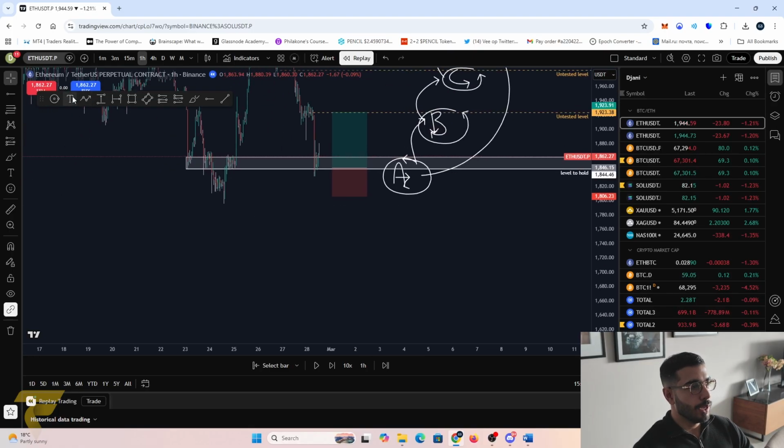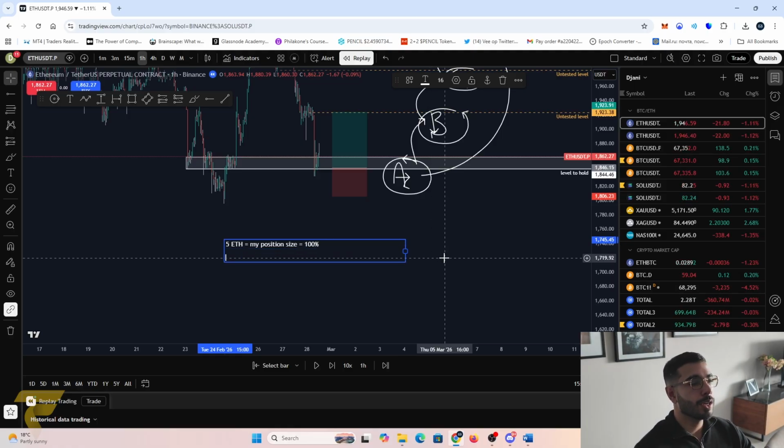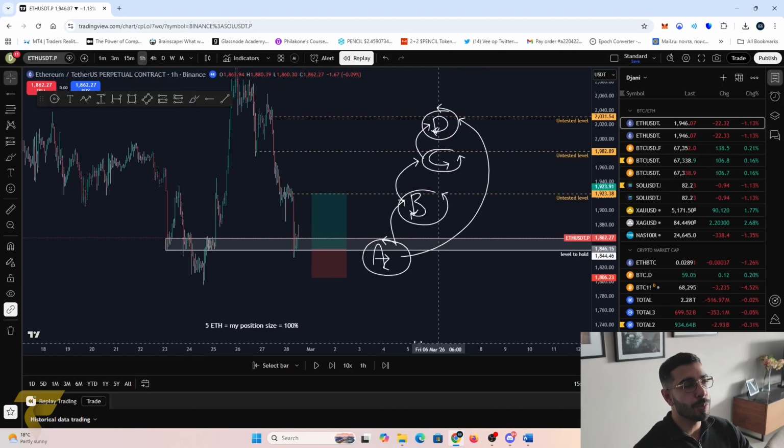If this 5 Ethereum is my position size, this position size is equal to 100% of the position size, okay? And of course this position size may vary between trades, whatever risk you have, that doesn't really matter.